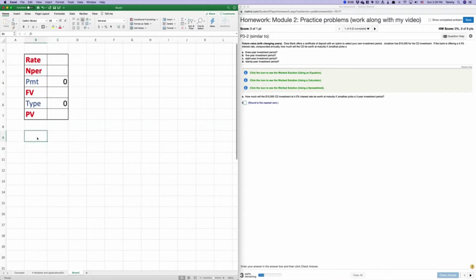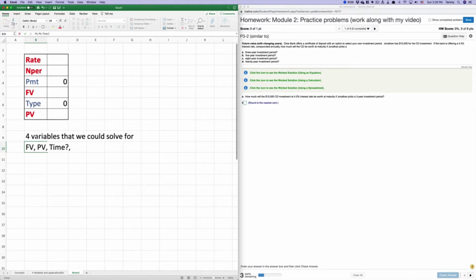So remember, there were 4 variables in all of these equations that we could solve for, right? We might want to know the future value or the present value, and then we also might want to know how long it takes to get to a certain goal.